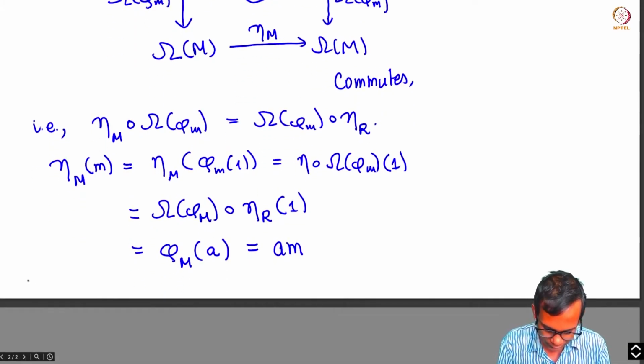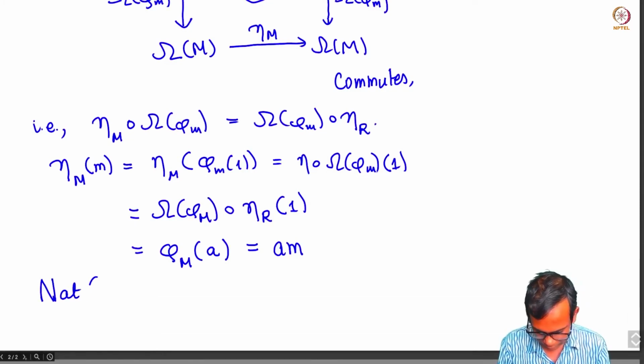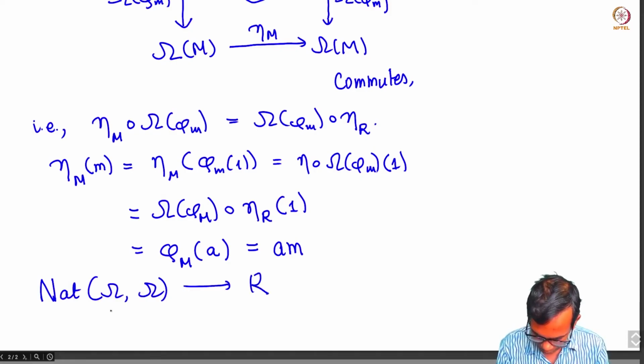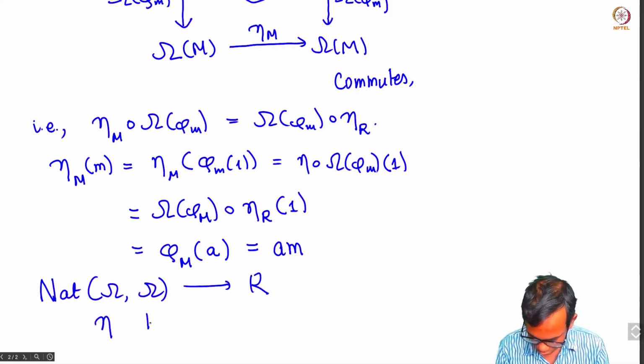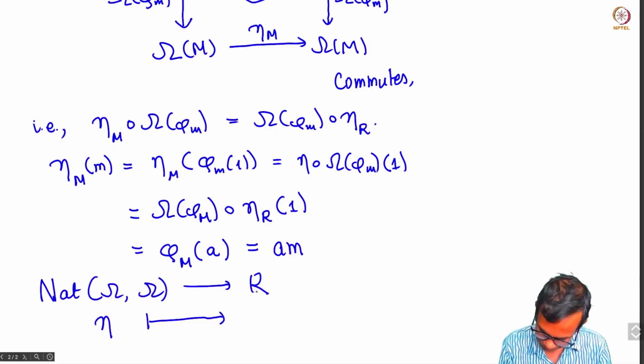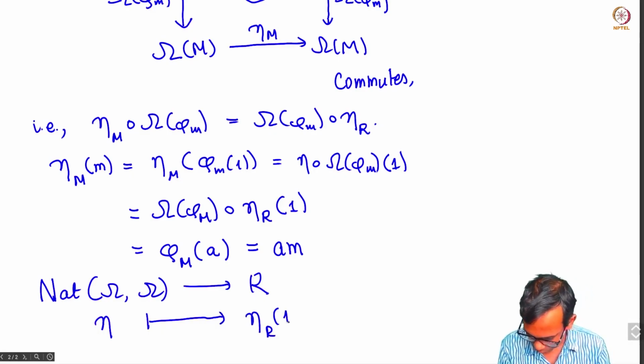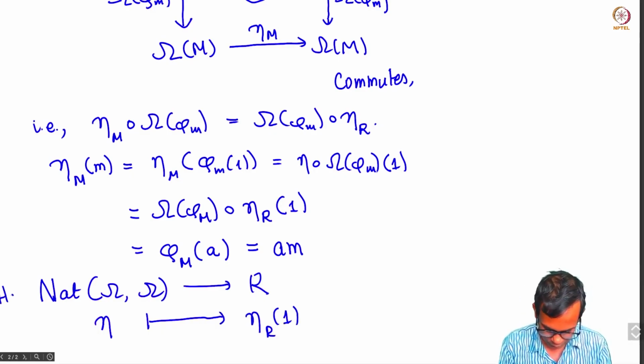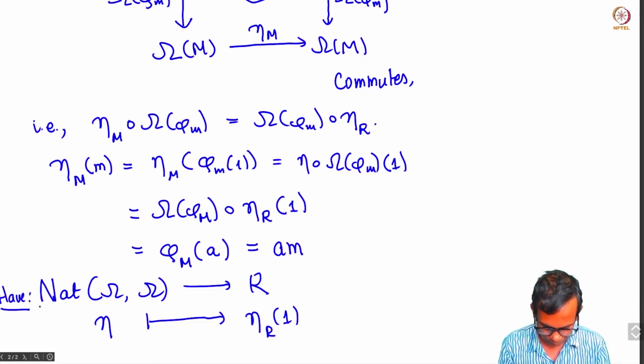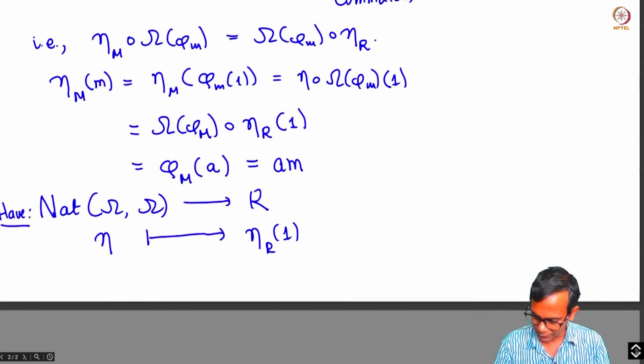What we have constructed is a function from Nat(omega, omega), the endomorphisms of omega, to R, taking the natural transformation eta to eta R of 1. Now let's try to construct the inverse of this.